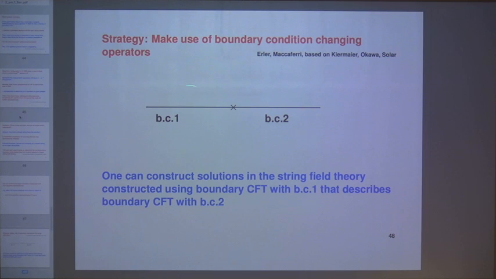They took the string field theory around a boundary CFT with BC1, and constructed a solution that describes the boundary CFT with a new boundary condition, BC2. So this is like starting with a D1 brane and finding a solution that describes a D0 brane.